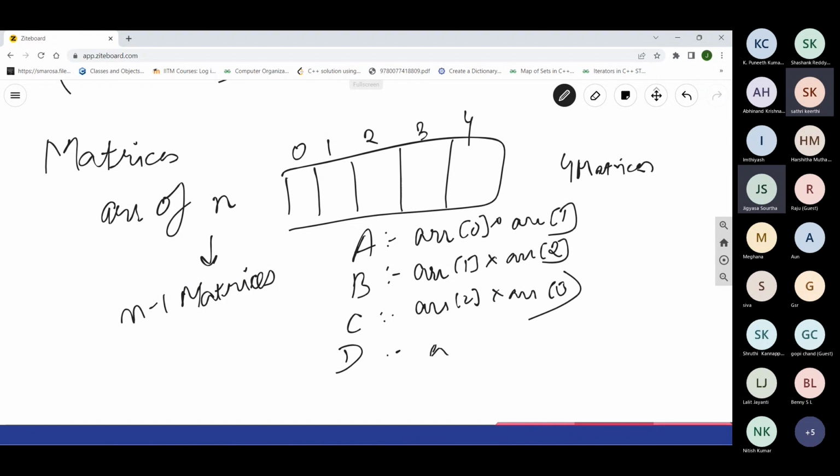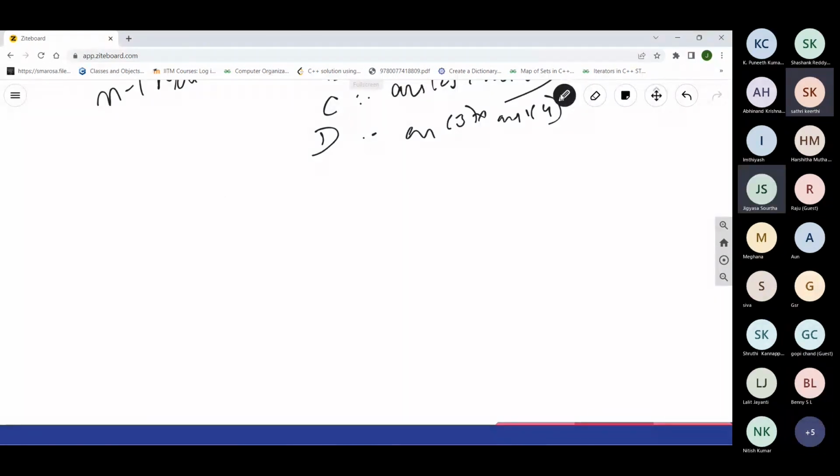And D will be array of 3 cross array of 4. So in general, to find the dimension of the ith matrix, it will be array of i minus 1 cross array of i.